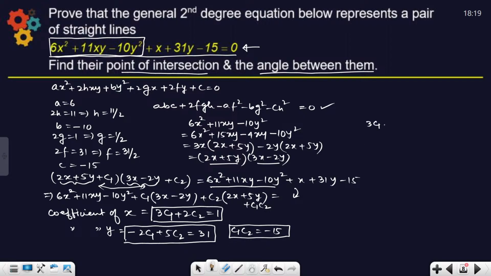Okay. So simply solve it. It's 3C1 plus 2C2 is 1, minus 2C1 plus 5C2, that is 31. Okay. So simply multiply this with 2, this with 3. Now simply add this.